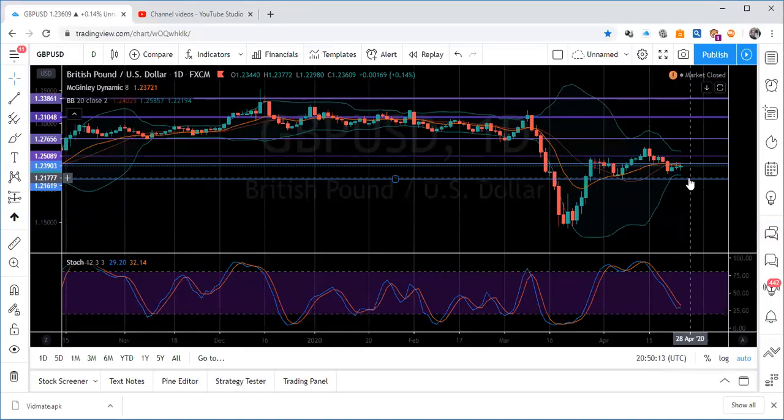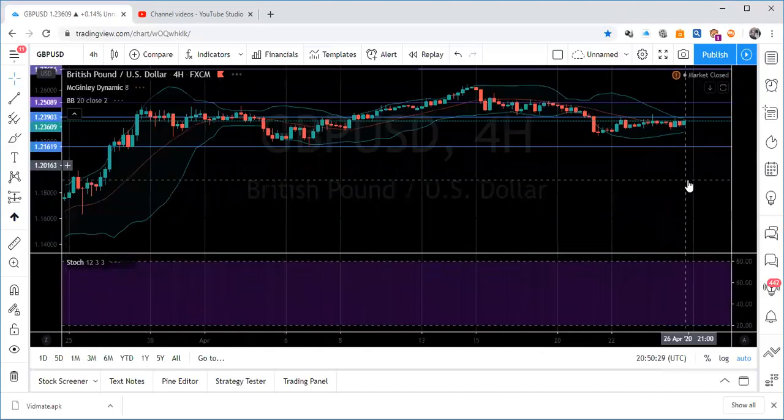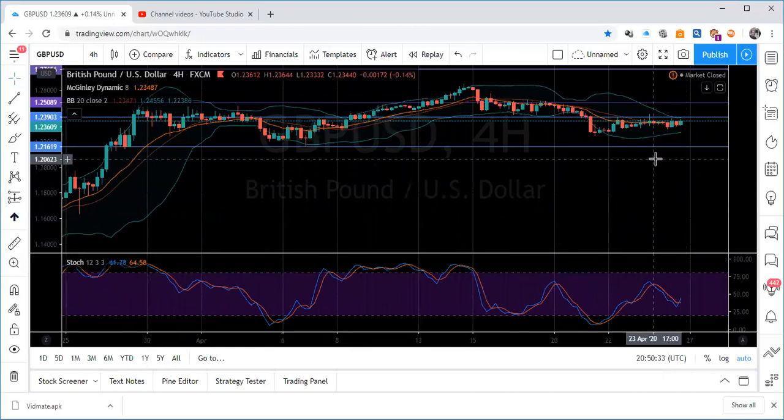So basically, if you're going to trade this, you're looking for bearish moves first of all, or you wait for the retest of the 1.2161 handle.